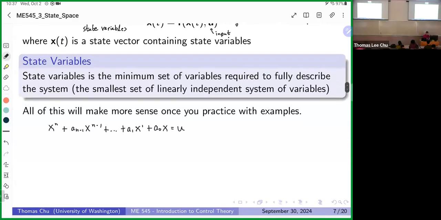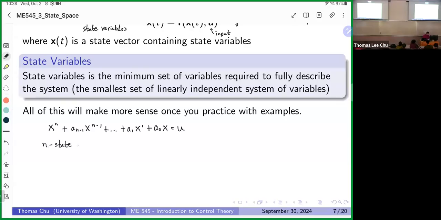Anyone want to guess how many state variables we have here? How many? One? A little bit higher. Not two either. So what's our highest derivative here? N, right? So we actually have n state variables.